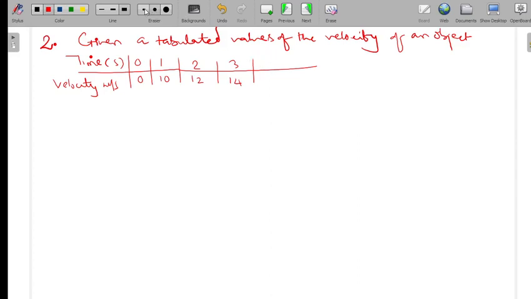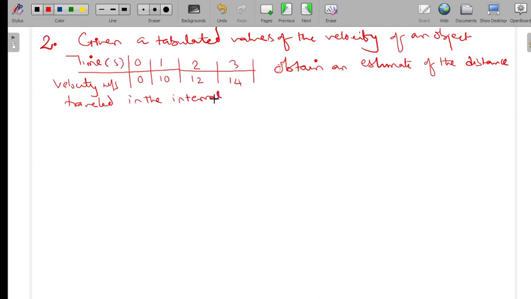Then obtain an estimate of the distance traveled in the interval 0, 3. So the solution, dear students.